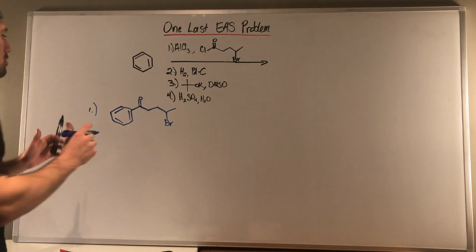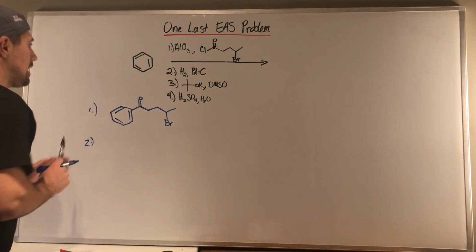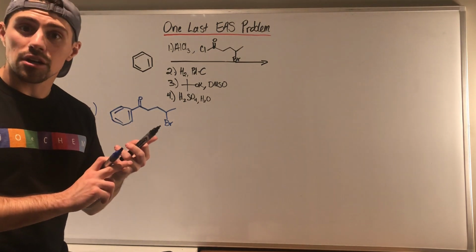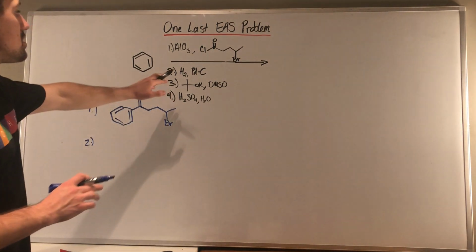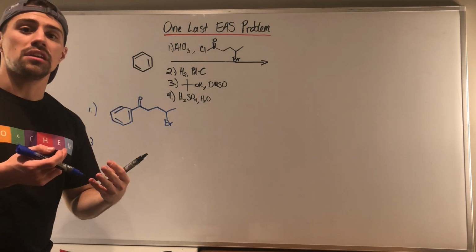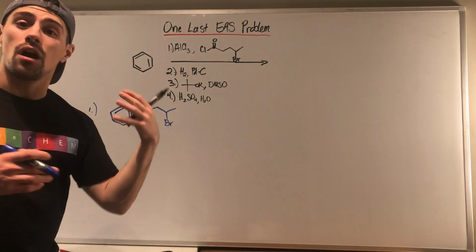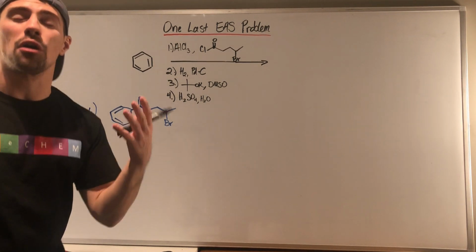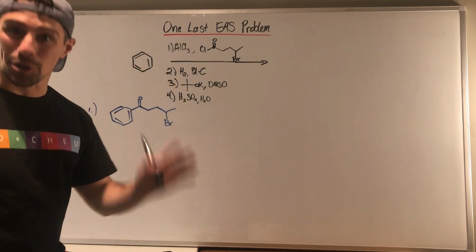Okay, so step number 2. This would be the same if we were gonna do a Clemmensen reduction, something with Raney nickel. What this is gonna do, right, we have a hydrogenation. It's going to reduce any benzylic carbonyls we have.